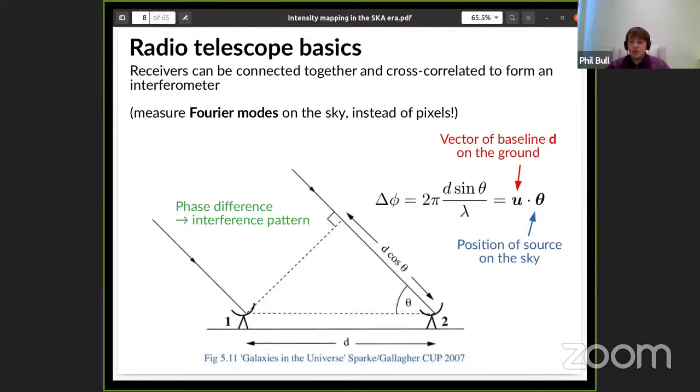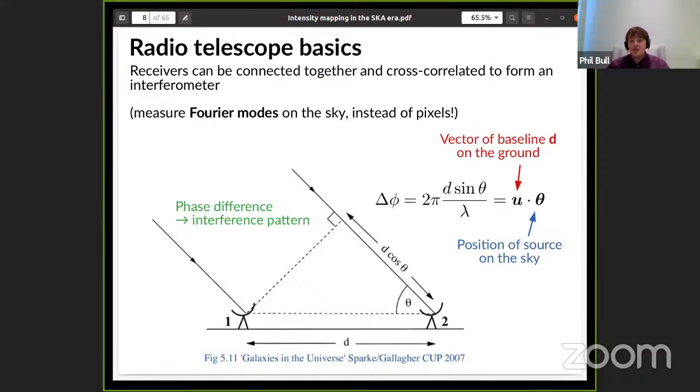With radio telescopes, you're using a very similar effect. You put two radio telescopes down, you point them at the same patch of sky, then you take the signals from them and multiply them together. Because there's a time delay in when the wave front from a radio source reaches one telescope as opposed to another, you'll get an interference pattern, and you can use that to very precisely measure the angular distribution, the distribution of the temperature on the sky.